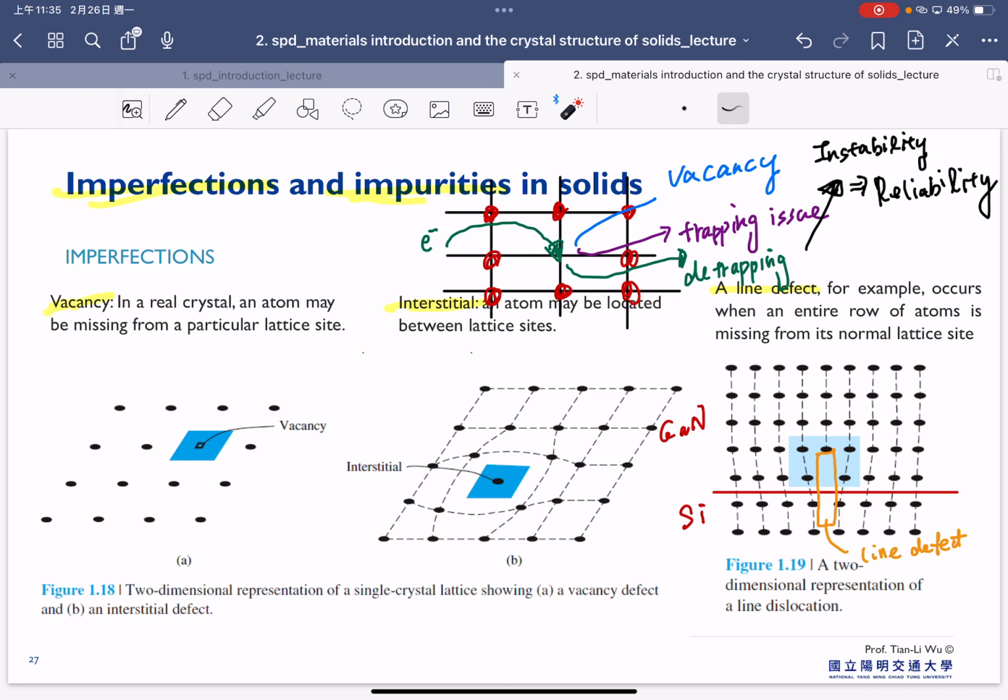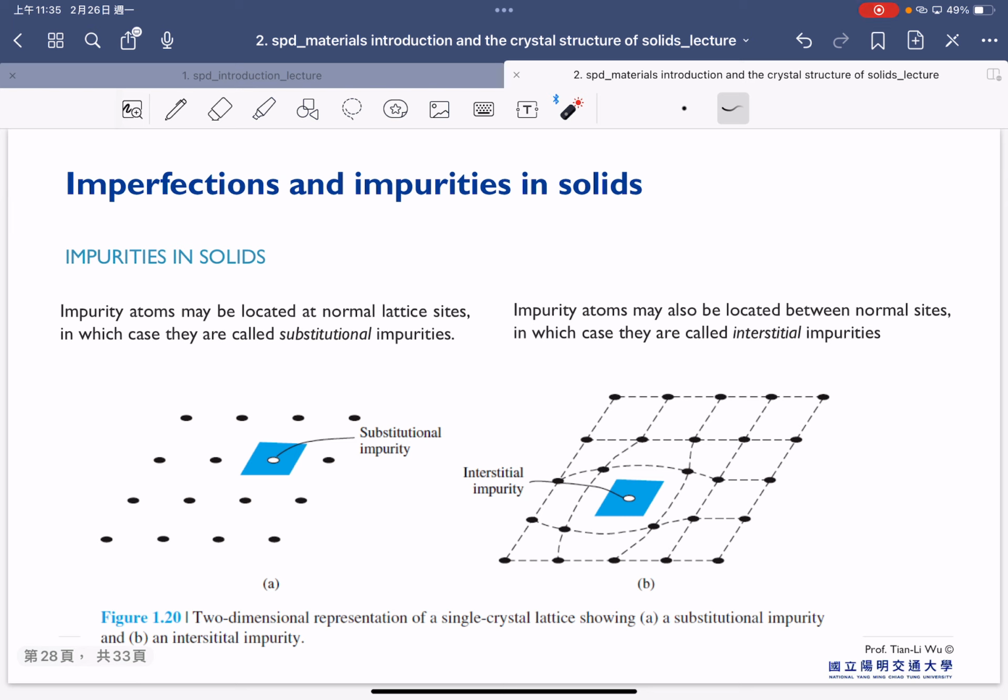And here's something more, just for your reference. Of course, if you go inside and try to understand this, it is very complicated, but here we just quickly go through that there are certain impurities in solids as well. Impurity may be located in the normal lattice site, in which case it is often called substitutional.